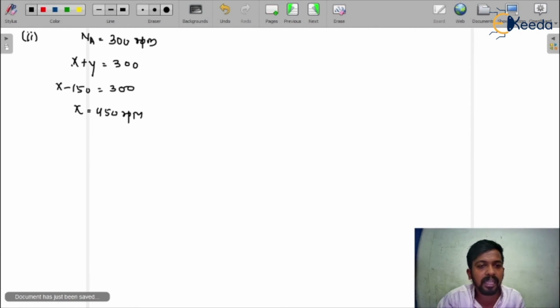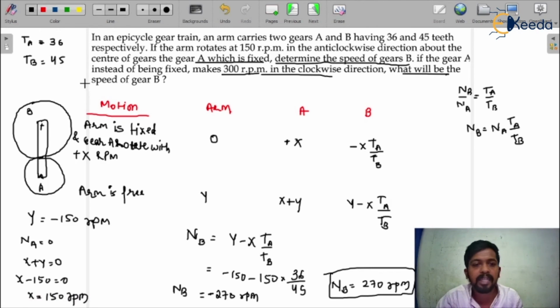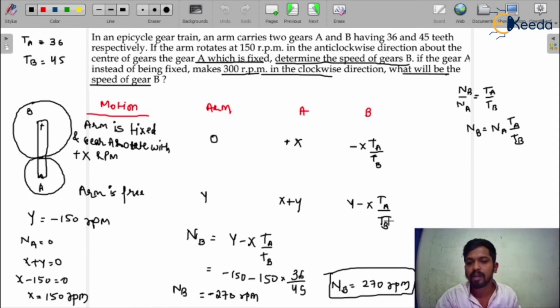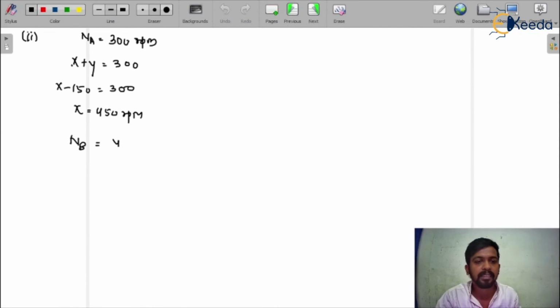But what is asked in the question? What will be the speed of the gear B? Again it is asking for the speed of the gear B. So the speed of B, that is Nb, you just have to put the values: y minus x Ta upon Tb.